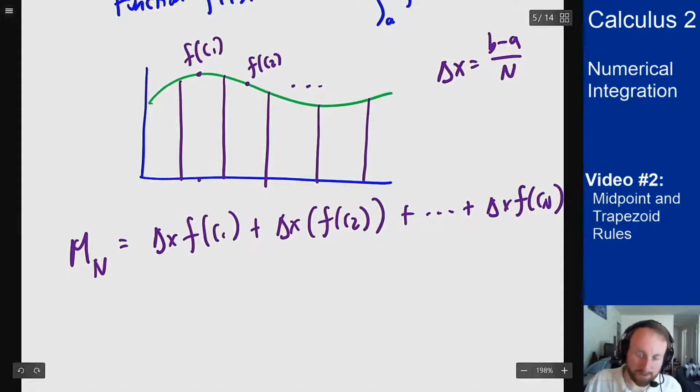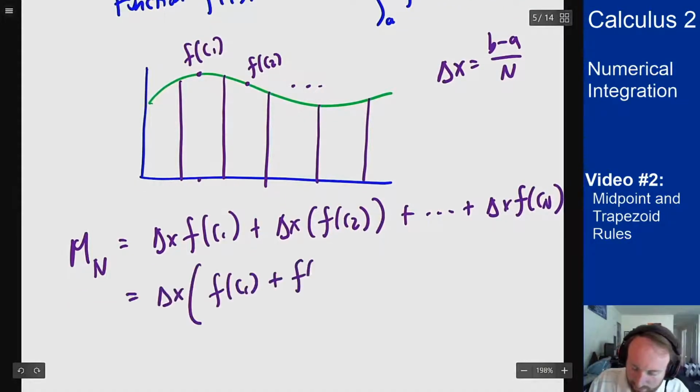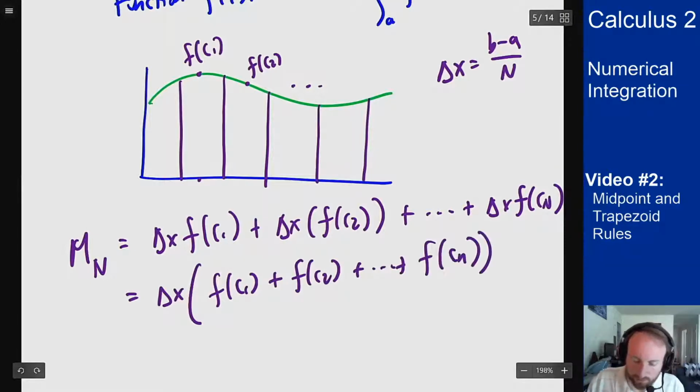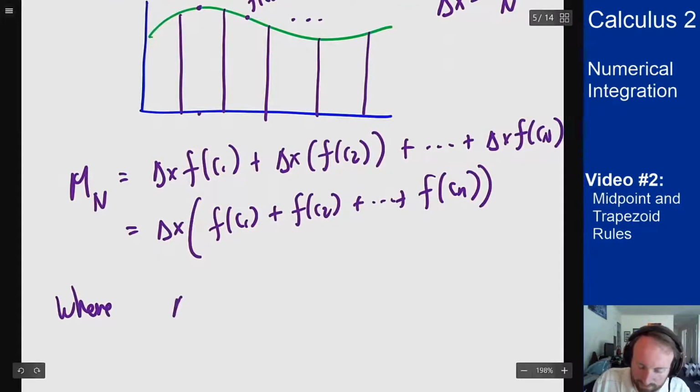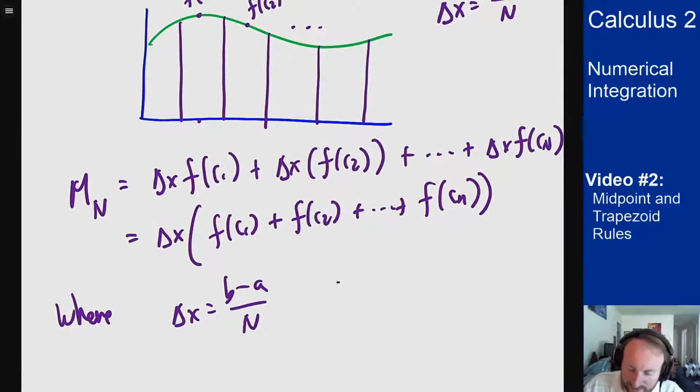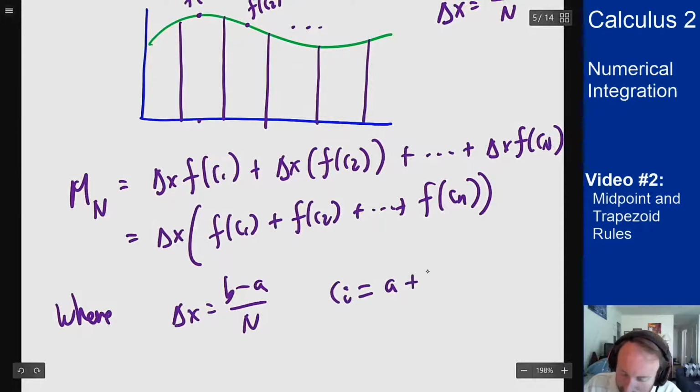Or I can factor the delta x: delta x times f of c1 plus f of c2 plus up to f of cn, where, again, delta x is b minus a over n, and then the ci are all these midpoints, which will be at a plus i minus a half delta x.